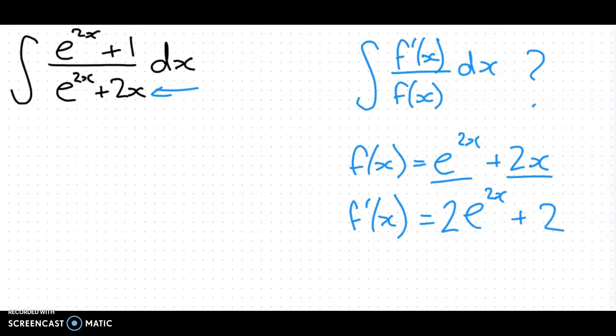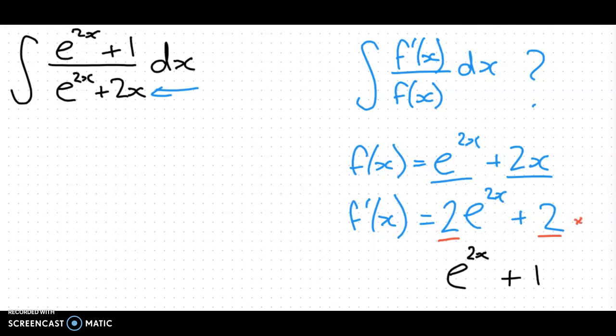Now we compare that to what's actually on the top, e to the power of 2x plus 1, and we can see that's very similar, only there's a common factor of 2 that's not there. So how are we going to get rid of 2?